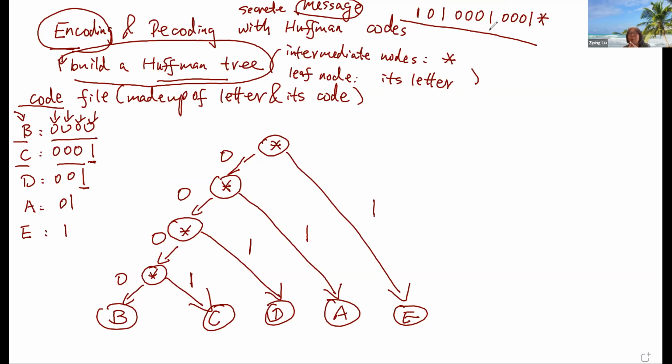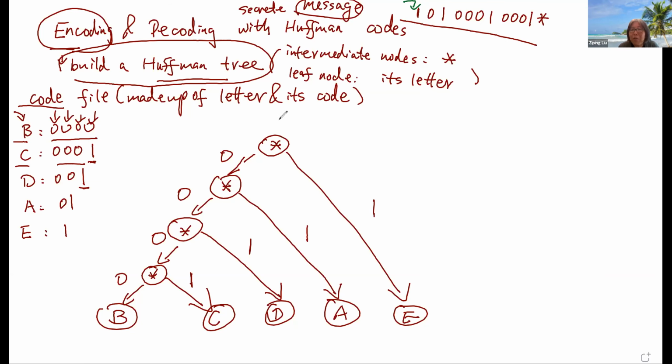You want to know it's ABCD so that you can read it. So how do we do the decoding? We just read the code letter by letter.